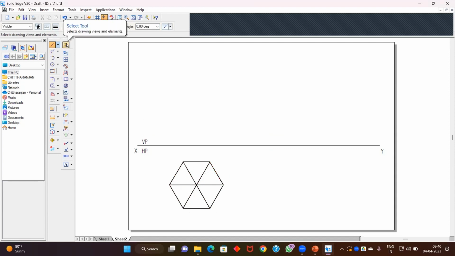And give the dimensions. Name it A, B, C, D, E, F. This is O.